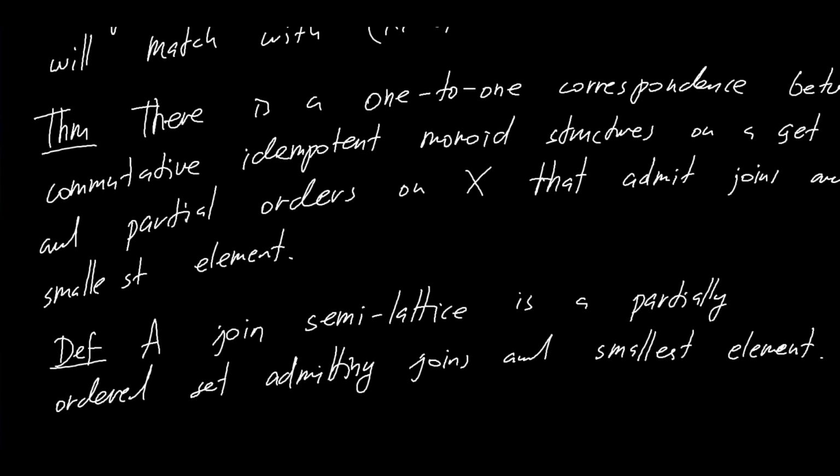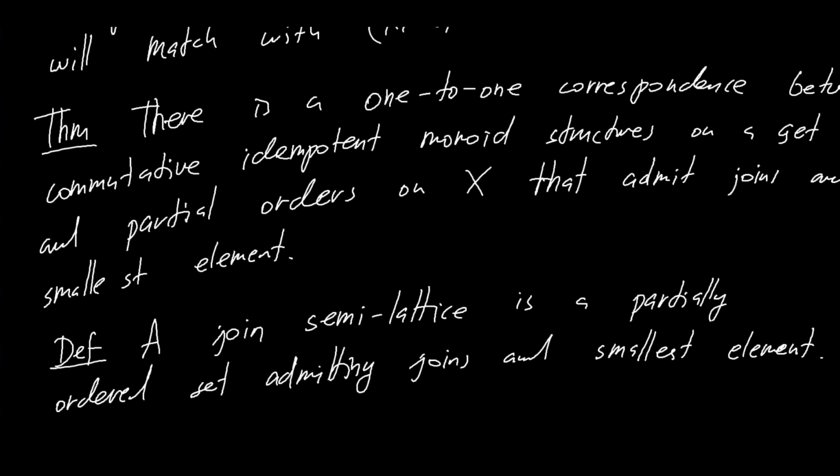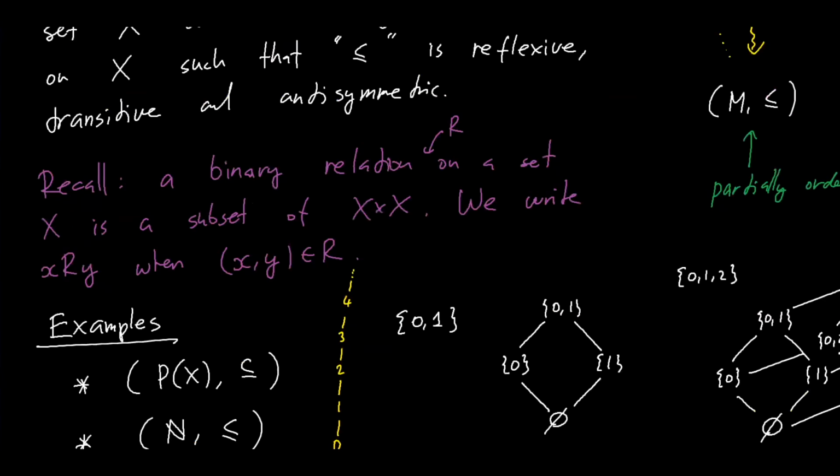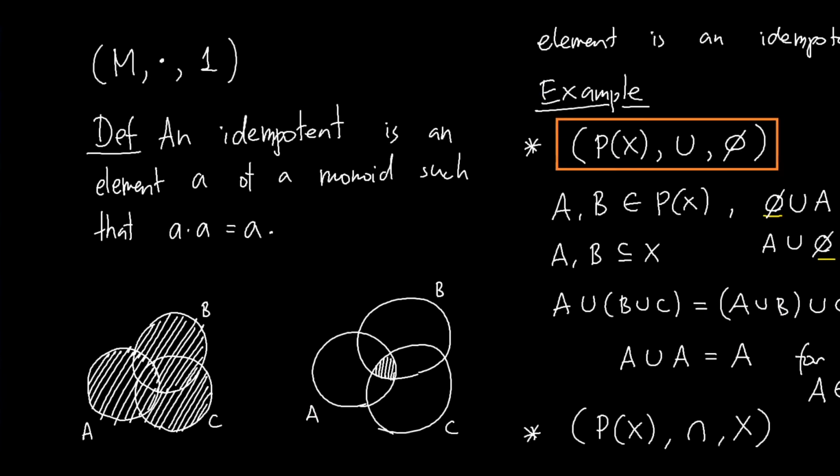Okay, so we kind of went backwards in this lecture. We introduced the structure at the very end, right? But we did look at the examples of commutative idempotent monoids, and so there will be examples of this structure. And going back here, we now know that this thing is a join semi-lattice, right?